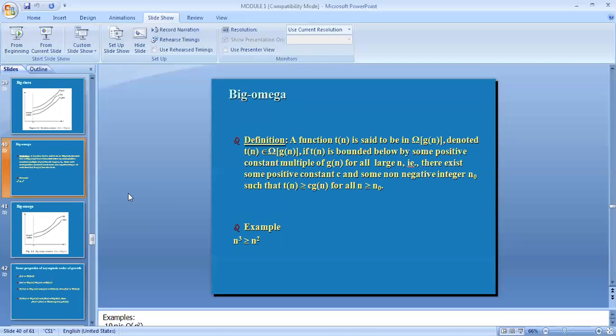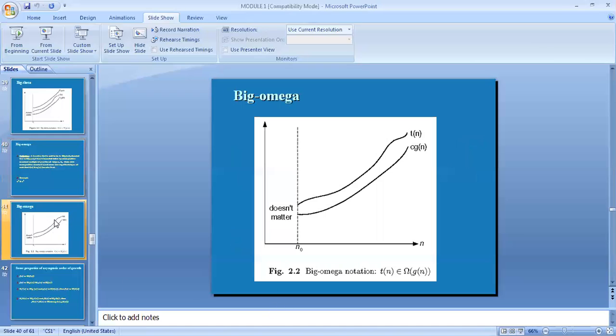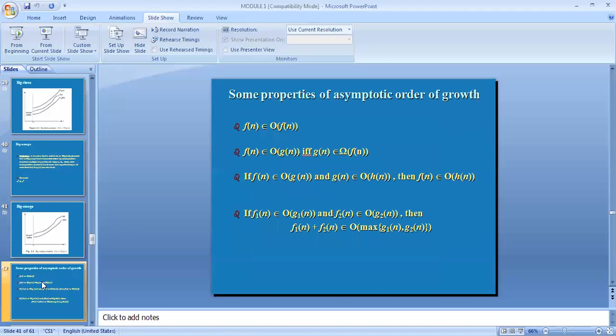There exist some positive constant C and some non-negative integer n naught such that T of n is greater than or equal to C g of n for all n greater than or equal to n naught. So for example, n cubed is greater than or equal to n squared. C g of n and T of n.